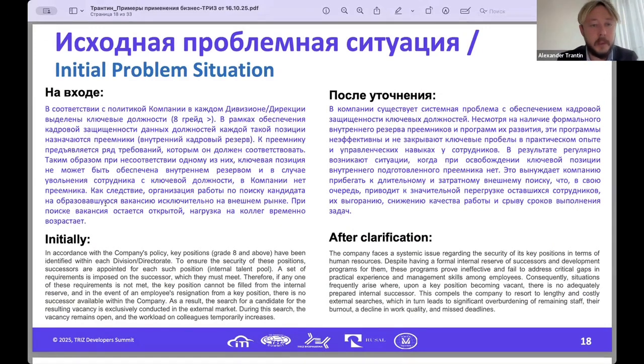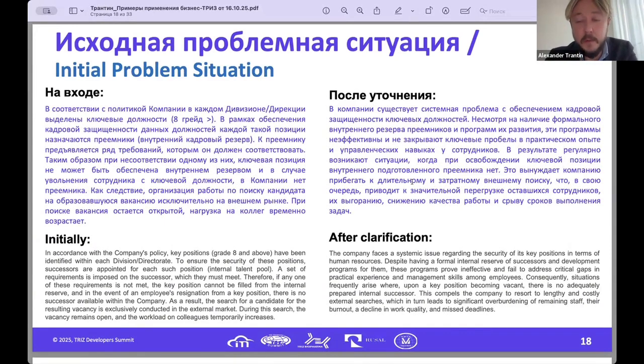The colleague that came to us gave a detailed description of the problem, because he attended some TRIZ sessions, and we came to the conclusion that despite the available reserve of successors, you frequently face the situation when some people retire, change jobs, and when someone leaves the company, particularly a major expert, this may result in a long process for the company, and expenses when the company is searching for a new specialist.